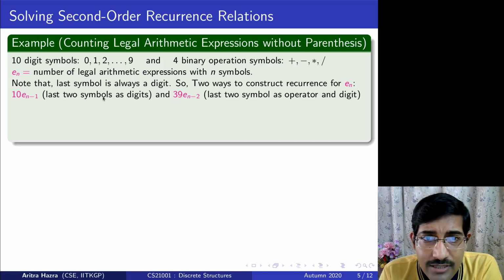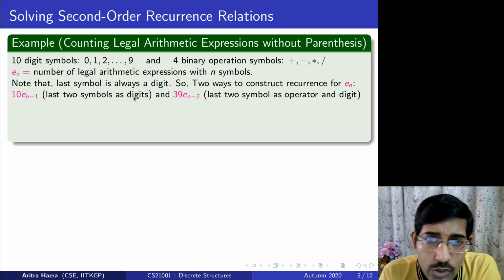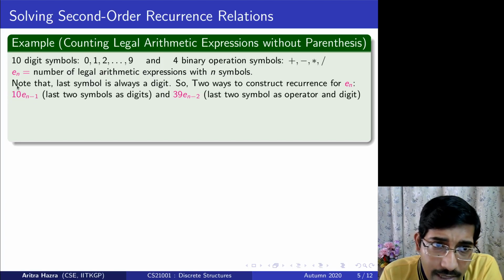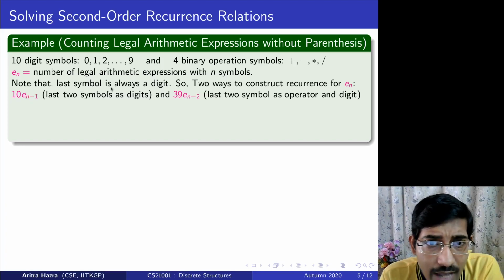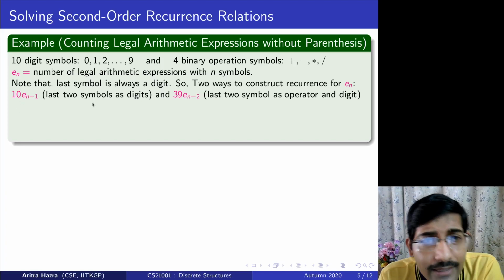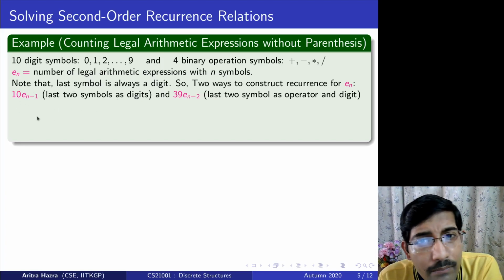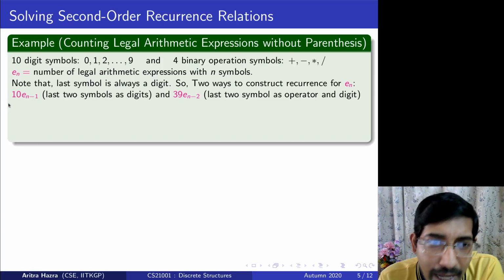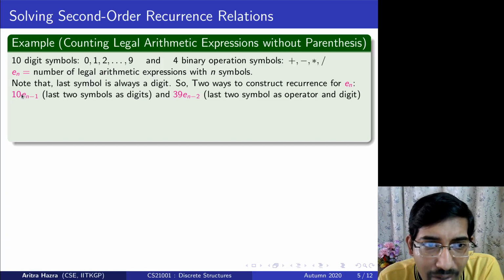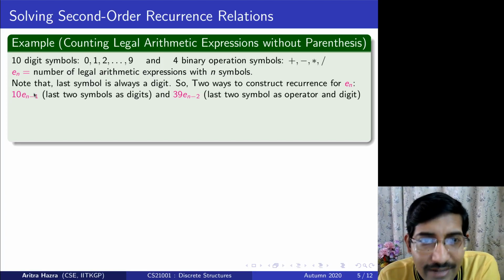If the last symbol is a digit and the previous one is also a digit, then I have 10 choices for the last symbol, and the previous part is my recurrence: n minus 1 expression ending with a digit, because I always assume that it will end with a digit. So 10 such possibilities of ending with a digit can happen, 0 to 9, and then the remaining n minus 1 could be again a valid expression, right? Even if it is ending with 99, I took 9 out, and the remaining 9 part of my 99 number I take with the others to form the recurrence.